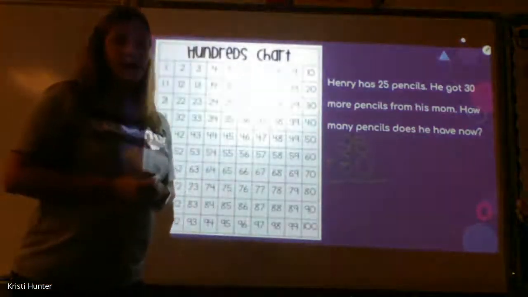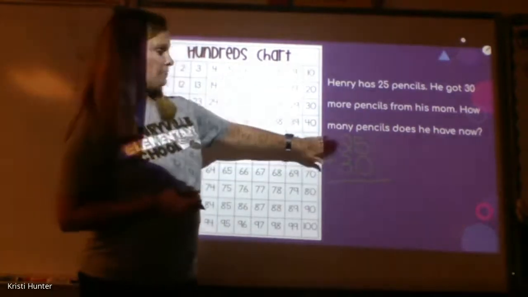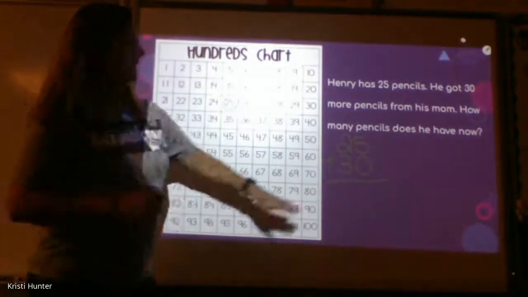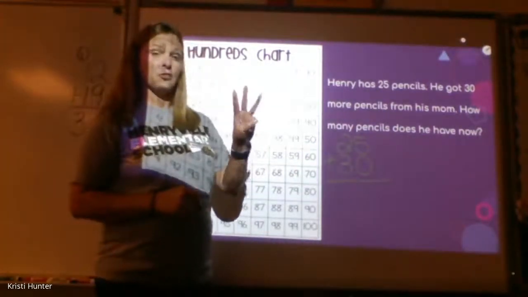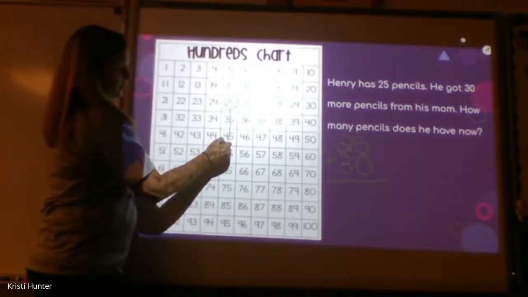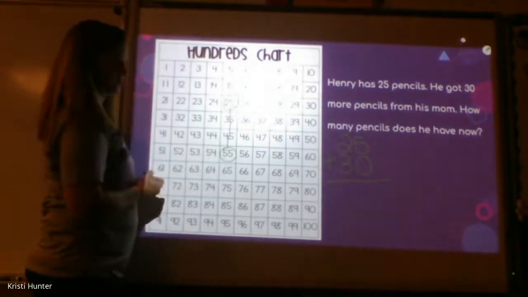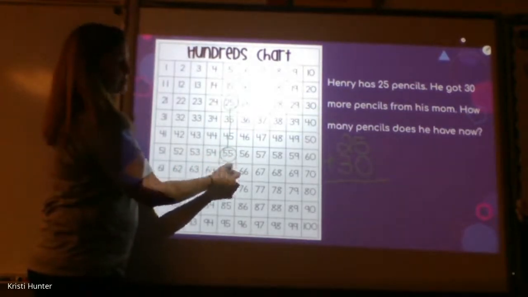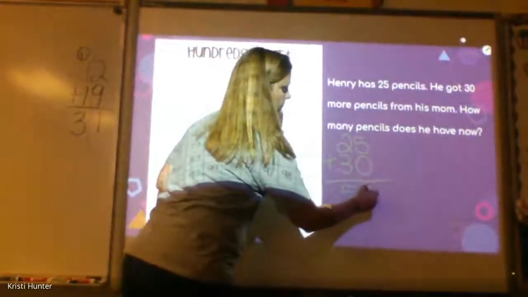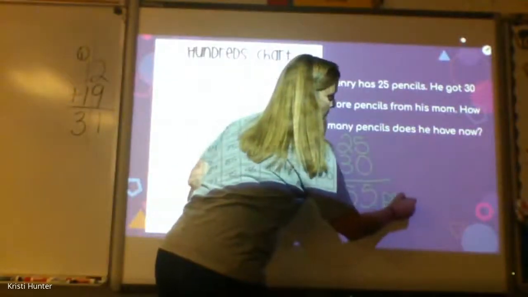So 25 plus 30. So I'm going to find my 25 on my hundreds chart. There it is. I need to add 30, which means 3 rows. So I'm going to go down 1, 2, 3, or remember 10, 20, 30, since they're grouped in tens. And my answer, I landed on right there, is 55. So that means Henry now has 55 pencils.